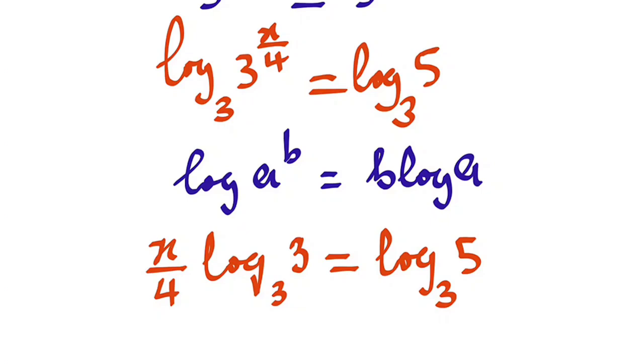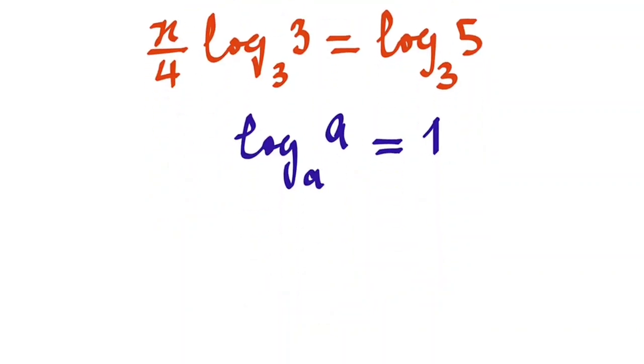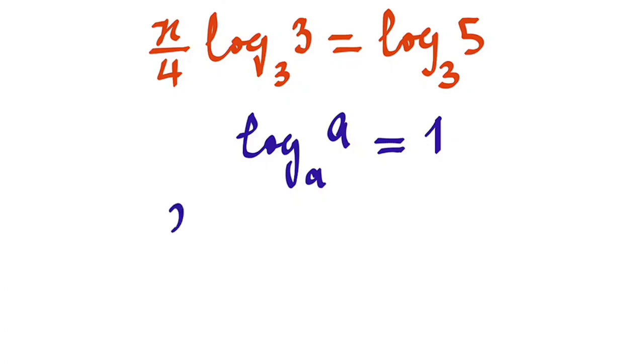From there, the next thing we're going to do is recall that when you have something like log base a of a, for a not equal to 0, this is going to be 1. So we're going to use that idea.